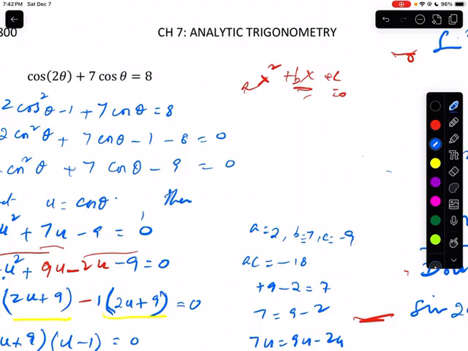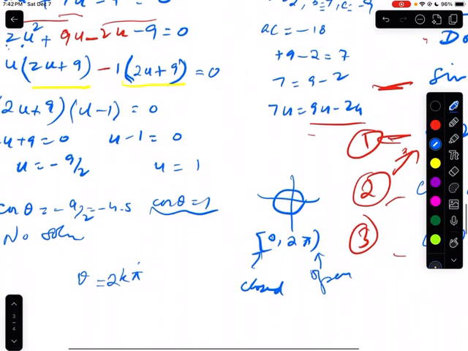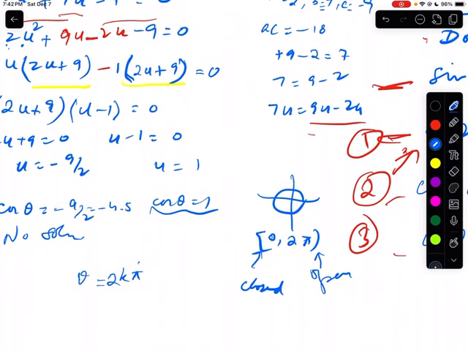Here we are not getting that 2 theta. That 2 theta is gone. Why? Because remember we used the double angle formula to convert it into single angle. So we have theta is equal to 2k pi. That is the solution.